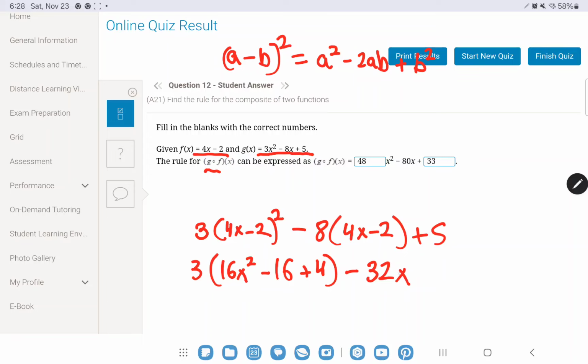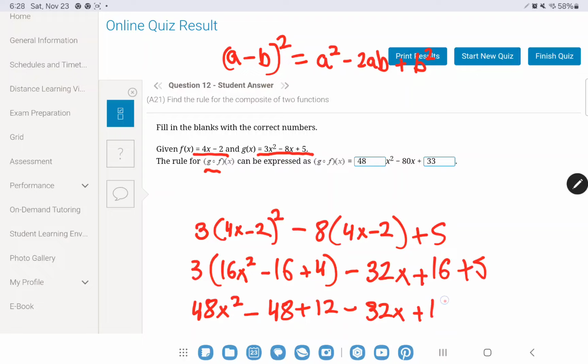Negative 8 times negative 2 is positive 16 plus 5. Now let's expand this. So 3 times 16x squared is 48x squared minus 48x plus 12 minus 32x plus 16 plus 5. Now we're going to put like terms together.